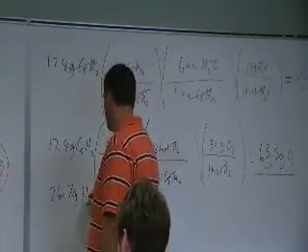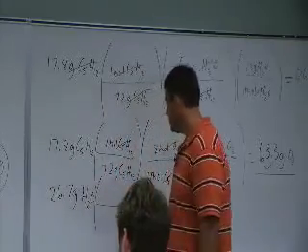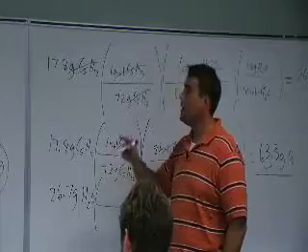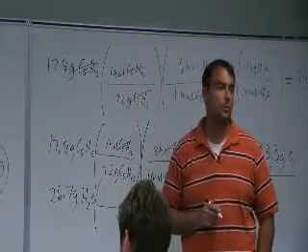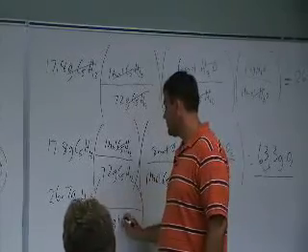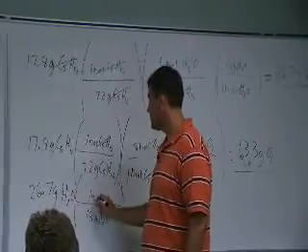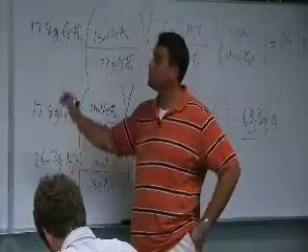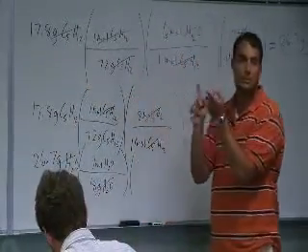26.7 grams of water. Okay, so I'm starting from water, right? Okay, how much CO2 could we produce? Well, there's 18 grams of water per 1 mole, right? All right, now what's my ratio between water and CO2?